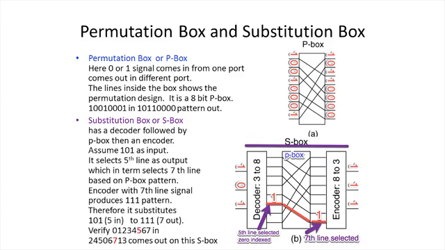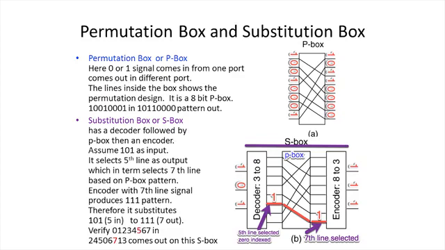In summary, the S box can substitute the incoming 101 bit pattern with the 111 output pattern in a very fast manner with hardware implementation. We can also simulate all these operations using software.